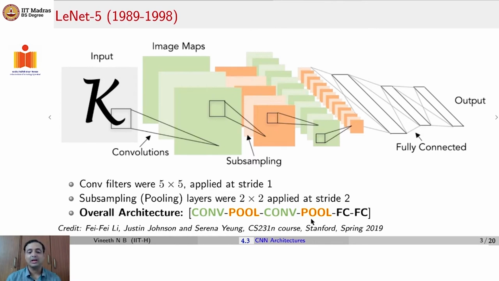You can see the overall architecture written this way. This is a common way of writing out architectures of neural networks, where you say conv, pool, conv, pool, fc, fc. It denotes a convolutional layer followed by a pooling layer, followed by a convolutional layer, followed by a pooling layer, an fc layer, and an fc layer. Even architectures until today follow similar principles in their design of CNN architectures.